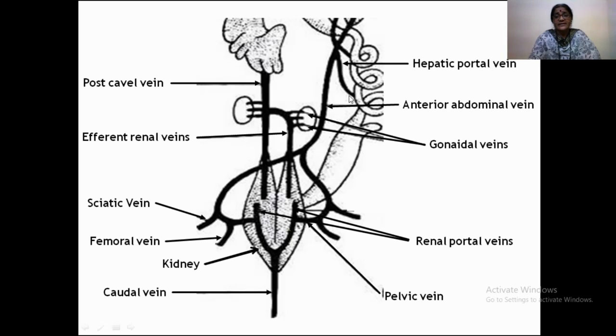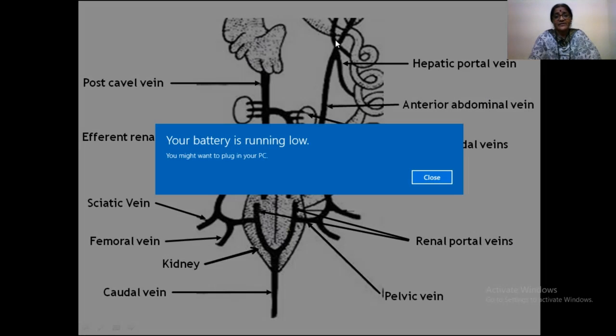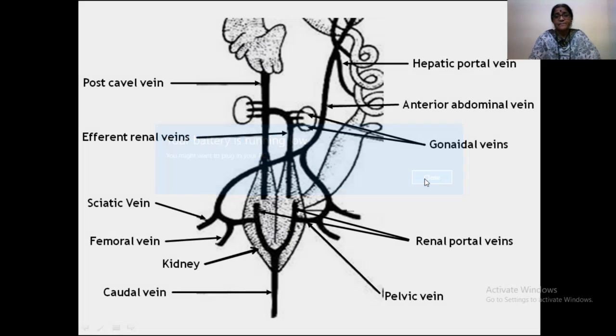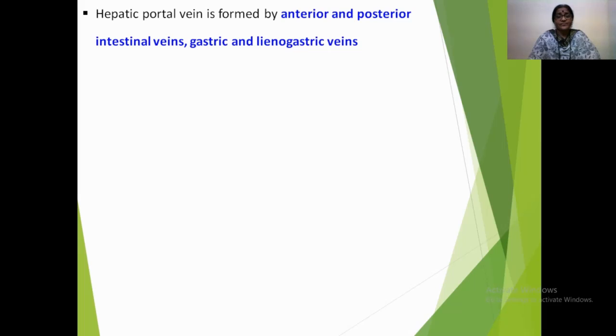Parallel to this vein, there is another vein which is formed by joining of different veins from the entire digestive tract, and after entering into the liver, it becomes the hepatic portal vein. After entering into the liver, the hepatic portal vein bifurcates and forms a capillary network within the liver lobe so that the materials from the blood can be exchanged with the hepatic cells.